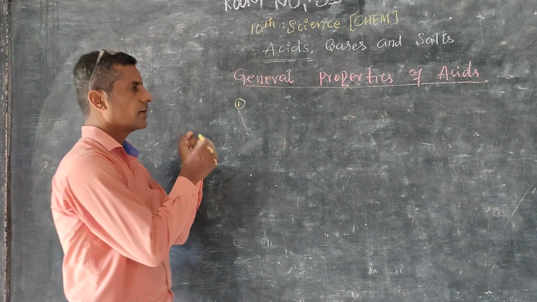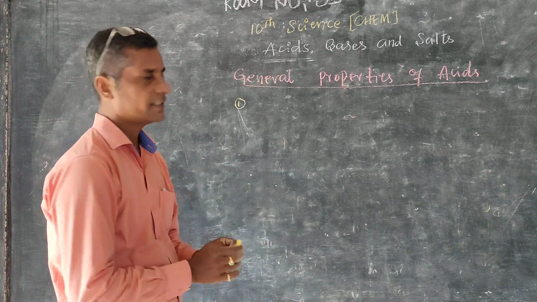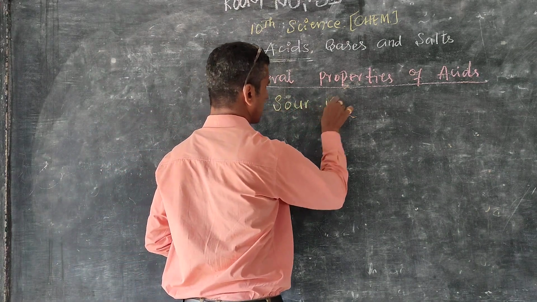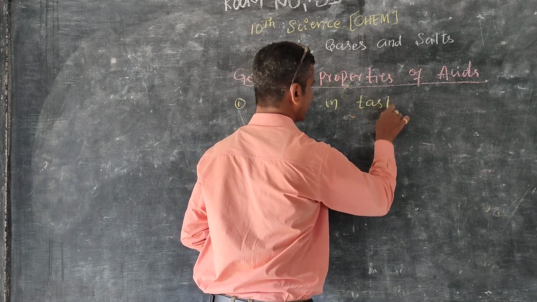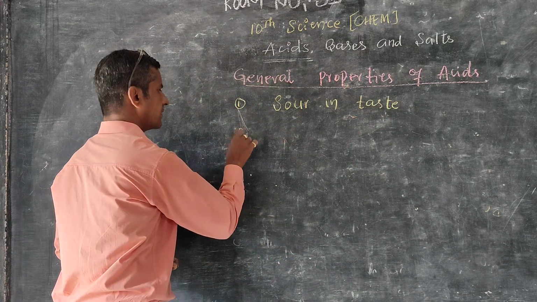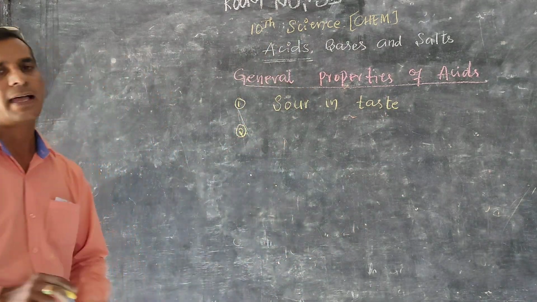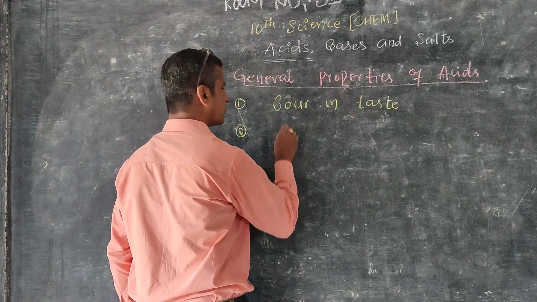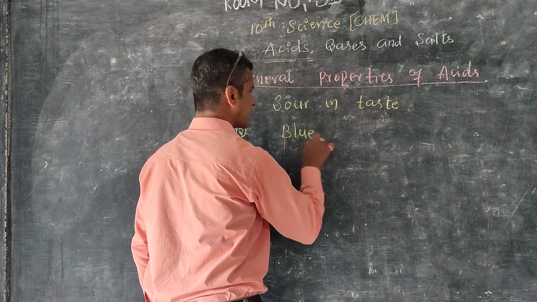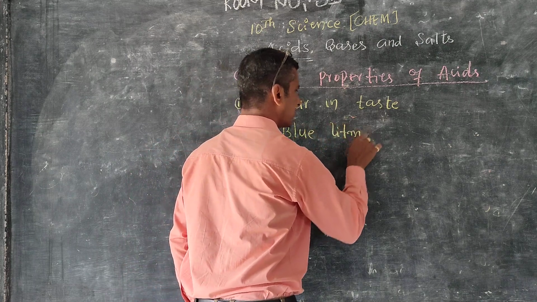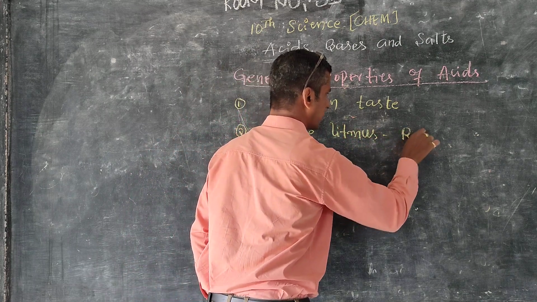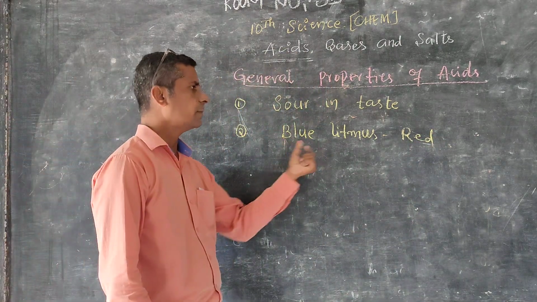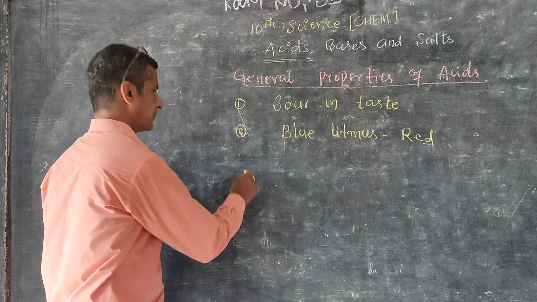Dear students, the first property of the acids, generally they are sour in taste. The second important property of the acids, they turn the color of blue litmus into red. That means the acids turn blue litmus into the red color.